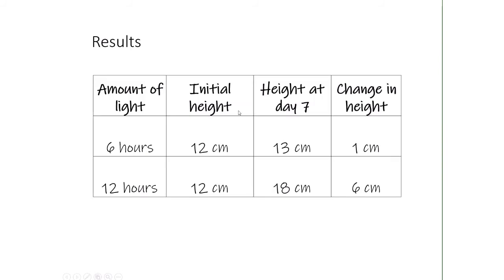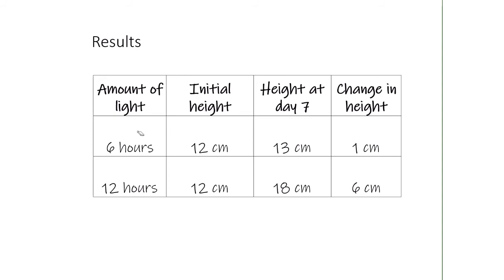So you would then go ahead and do the experiment, right? You put the plants side by side, basically, right? You might cover up one plant after exposing it to 6 hours of light, and then the other one you would cover up after 12 hours of light exposure. So here is an example of what the results might look like, right?